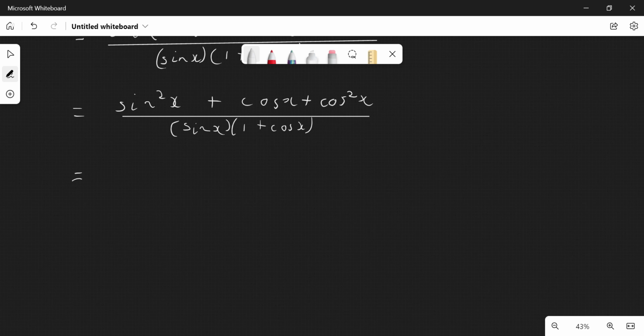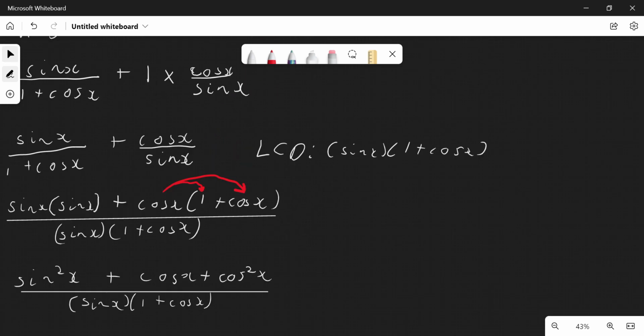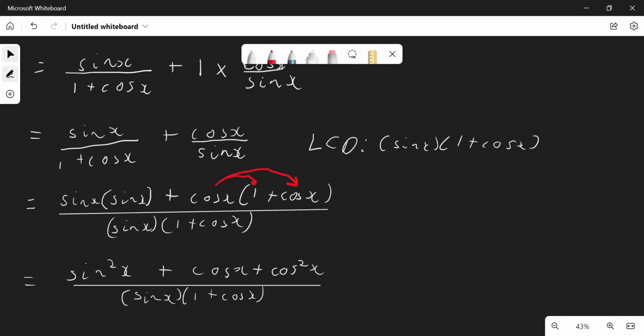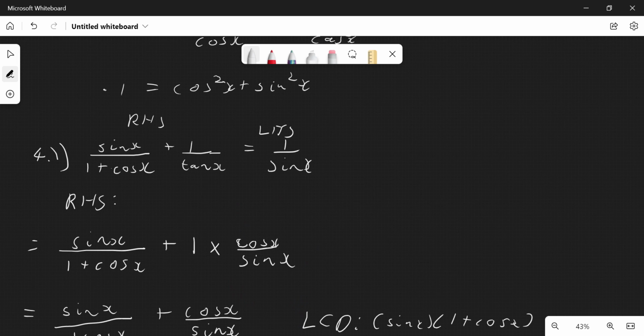So here I have 1 plus cos x over sine x times 1 plus cos x. If we think back to what our other side looked like, that's 1 over sine x.